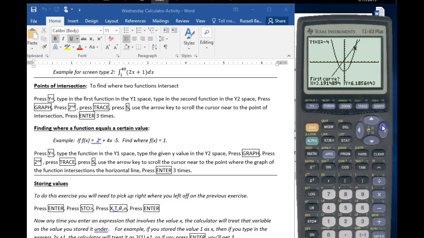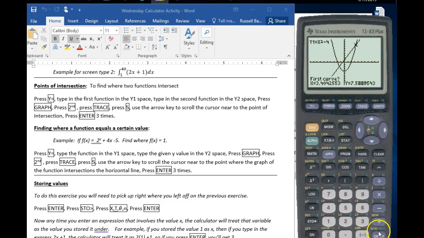If I want to find out where those points cross, I'm going to put my cursor as close as I can to that. We have an estimate here, but to get an exact value, we're going to push enter 3 times. The reason is that it's asking whether we want the function in the top left to be the first curve.